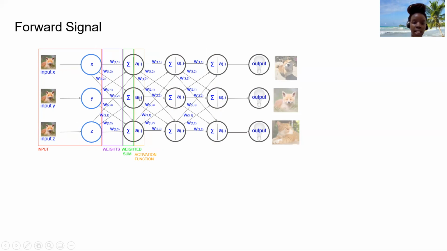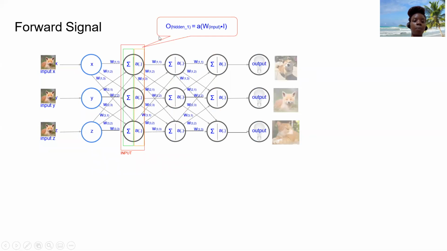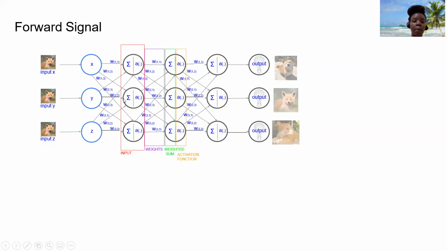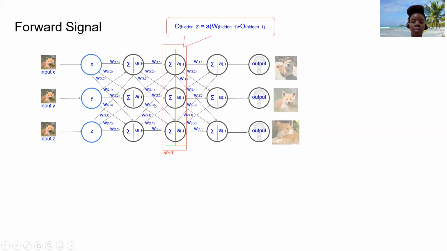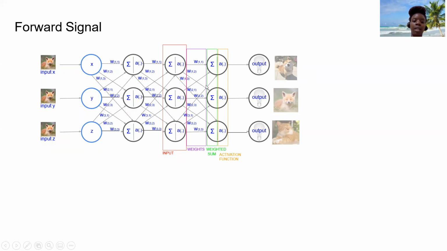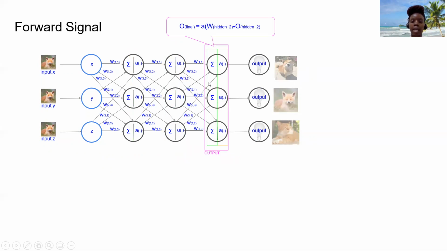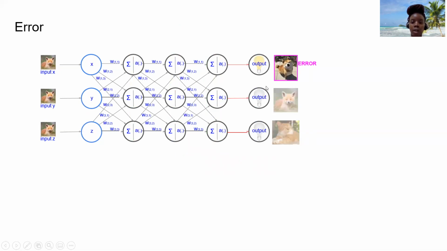So this first hidden layer produces an output, which will become the input to the next hidden layer, along with the weights associated with each node of that hidden layer. This continues as you go left to right, whereby each hidden layer produces an output which becomes the input of the next hidden layer up until we get an output.